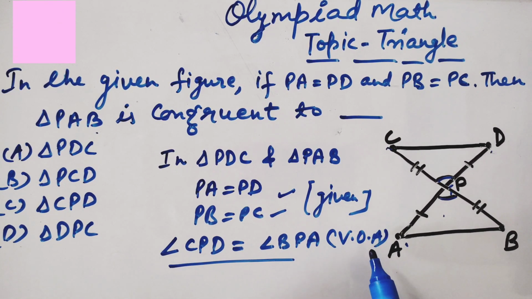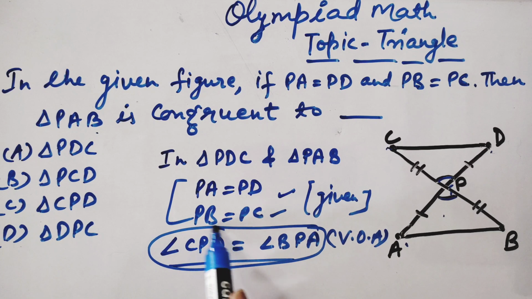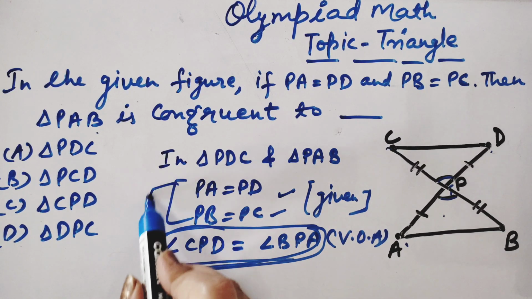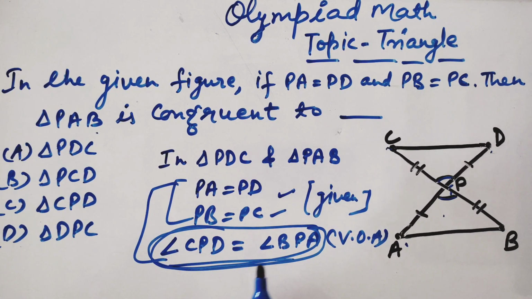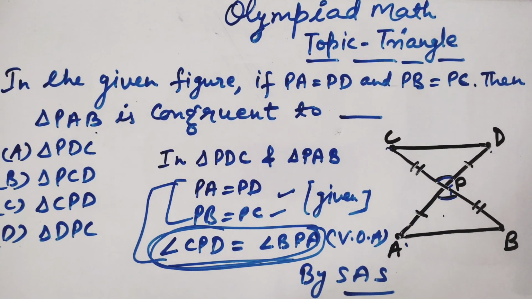The short form of vertically opposite angle is VOA. So by this angle and the given parts, we are using the SAS congruency criterion, so that these two triangles are congruent.